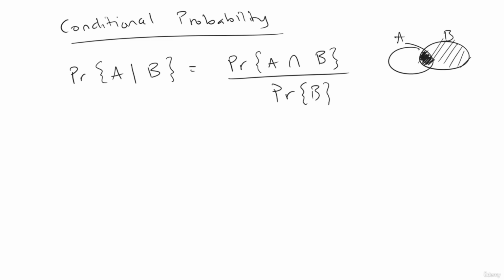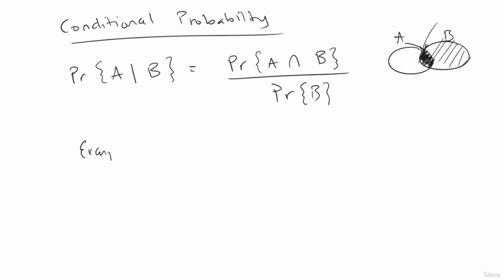This is the only thing that lives in A and also in B, so it's the only A event that can occur in B. And what we're calculating here is just the proportion of B that is A. We're taking A's proportion of B and using that as a conditional probability. What's the probability that this happens given that we're in B? Well, it's just the proportion of that space divided by the space that we've allocated for B in terms of probability space.